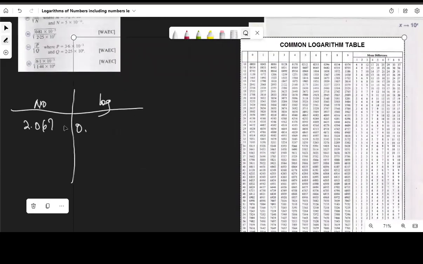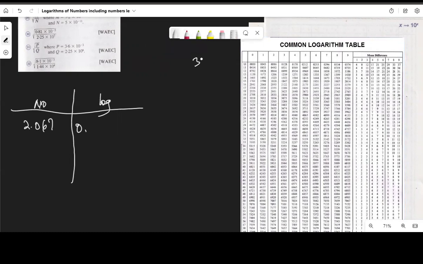Logarithm of 20 under 6, difference of 7. 20 under 6 is 3139. Difference of 7.